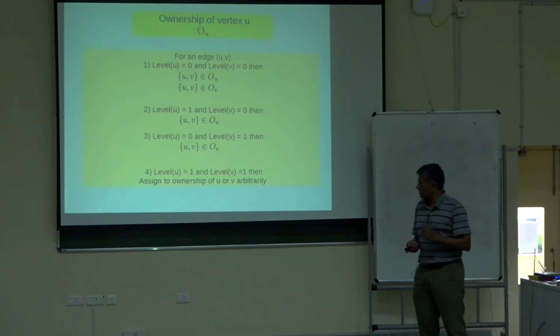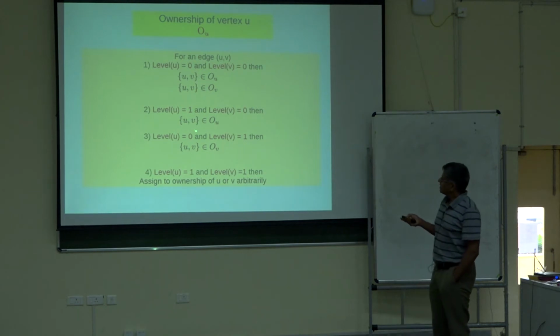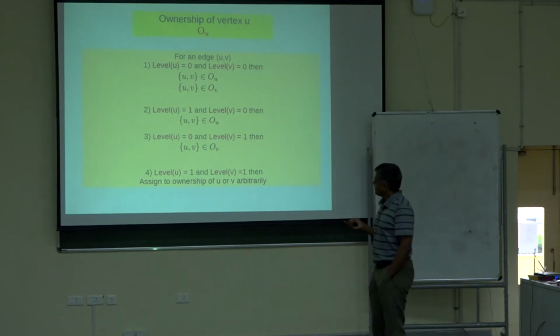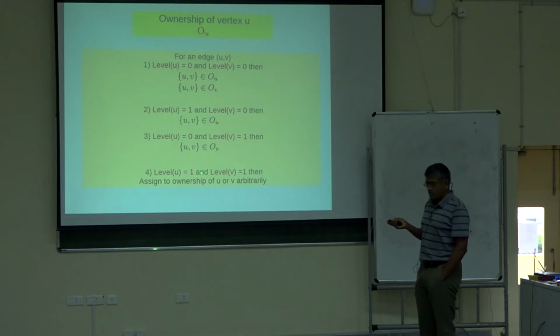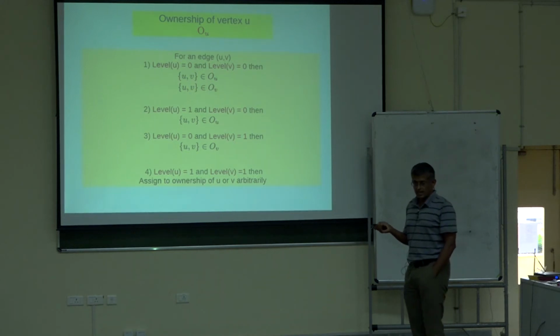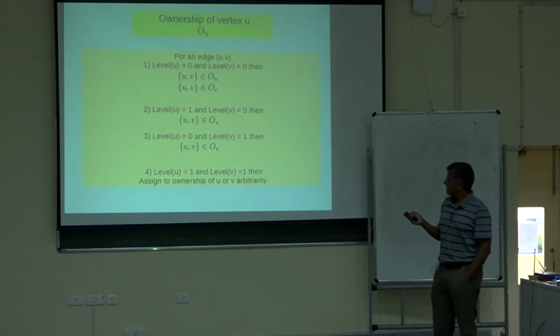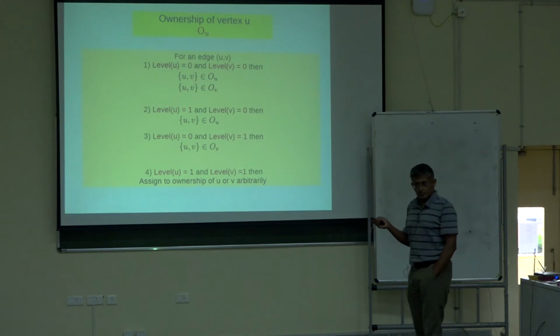I'll tell you what the advantage is in the presence of randomness. And if the ownership list is smaller than root n, and the vertex is free, that vertex will surely stay at level 0. Unmatched vertices will stay at level 0, and their ownership list will be small.